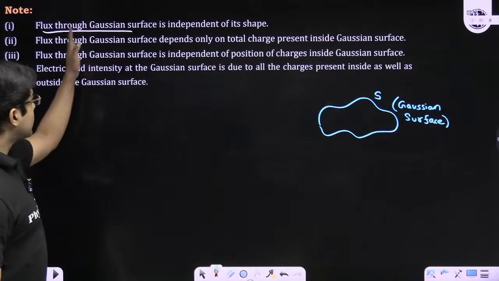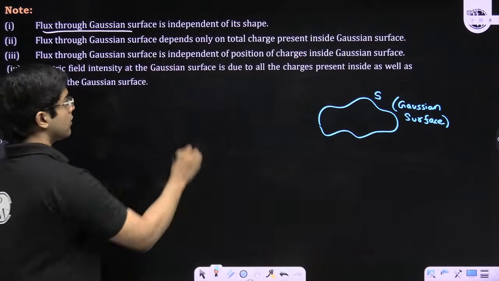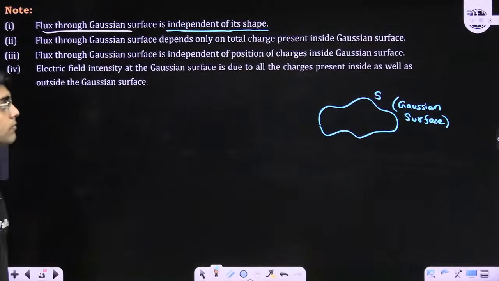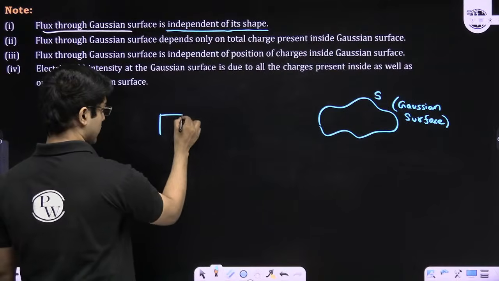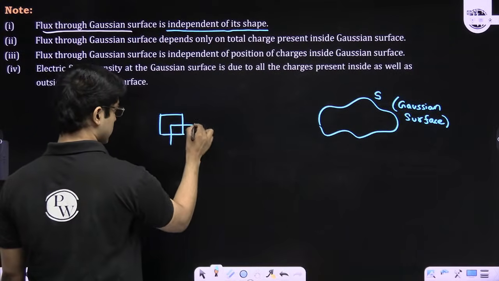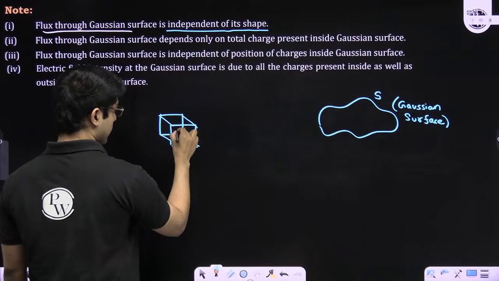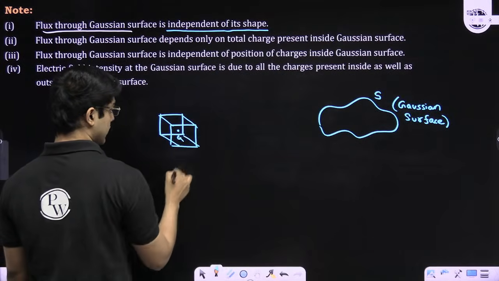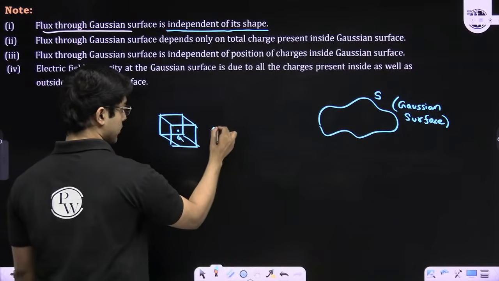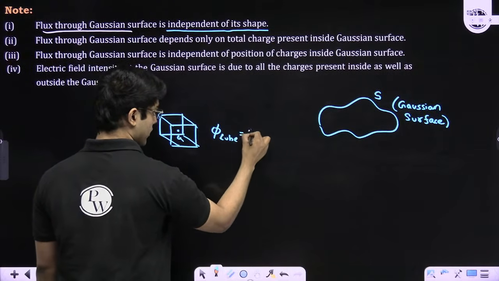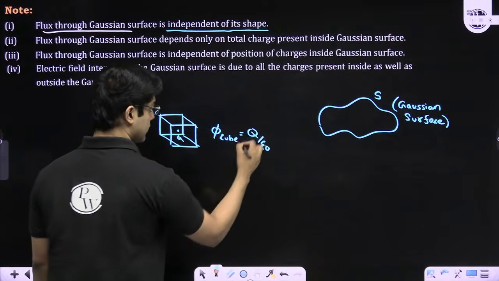So the flux through the Gaussian surface is independent of the shape. This we saw earlier in the sphere case, or any other shape. You can also keep a cube or any three-dimensional surface. So here also, if you keep plus q at the center, the total flux through the cube will be q by epsilon naught itself.